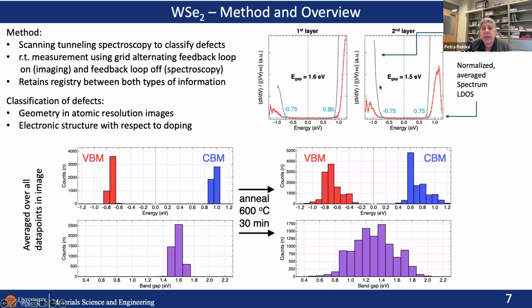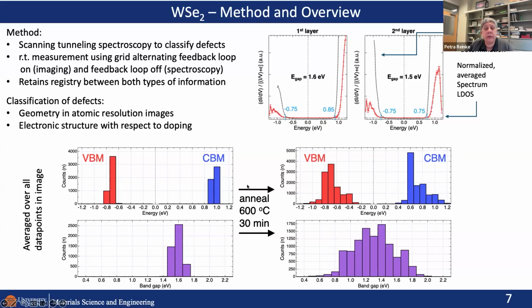So the broken line here is the second derivative, and the red one is the average spectra taken over a specific area within our imaging window. And again, as mentioned, from the IV curves you can get, using the derivative and the division by I over V, the local density of states at the position where you do your measurement.